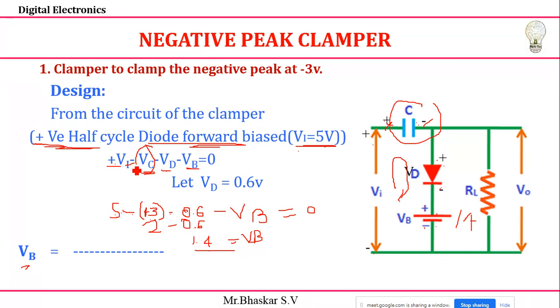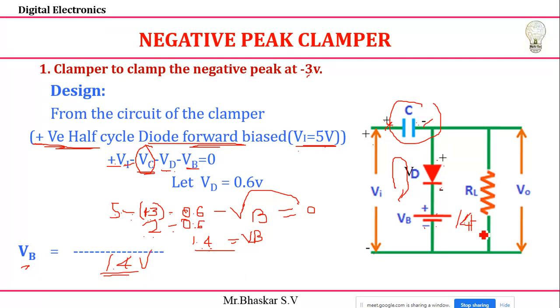You just substitute the magnitudes: Vi value 5, Vc value 3, Vd value 0.6, and minus Vb. Then 5 minus 3 means I get 2, 2 minus 0.6 means I get 1.4. You send Vb to the right hand side, and the magnitude of my Vb is 1.4 volts. Same thing I got in the previous case.